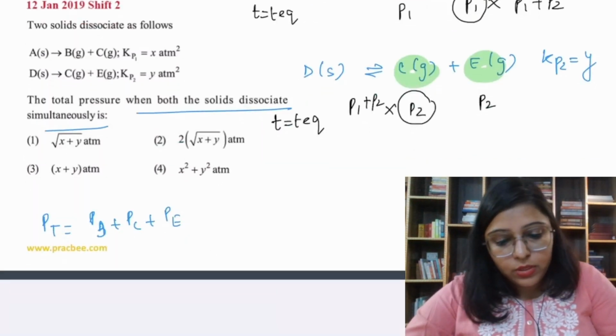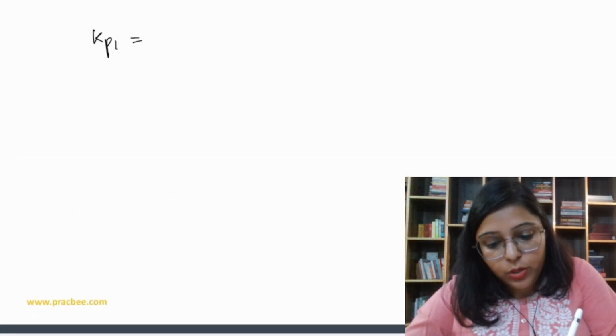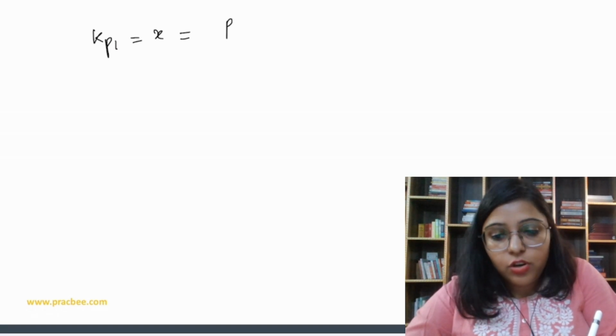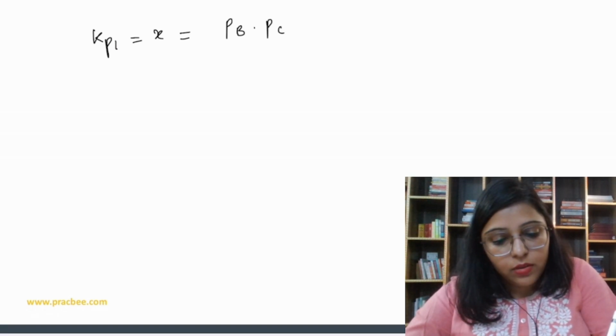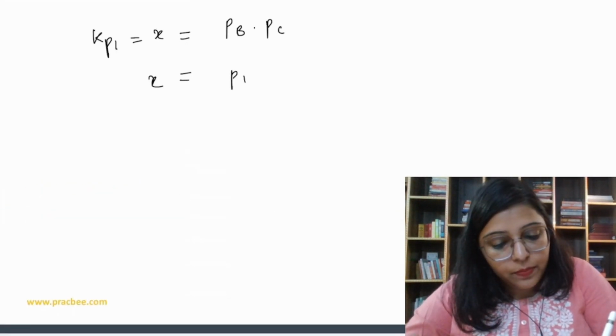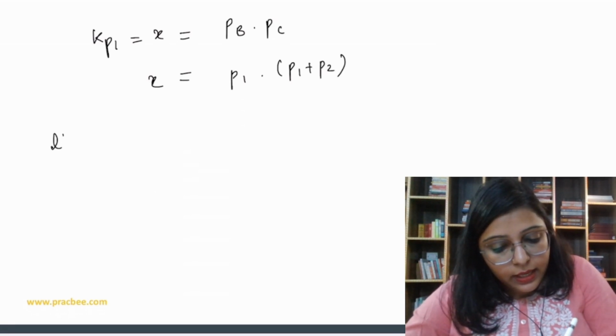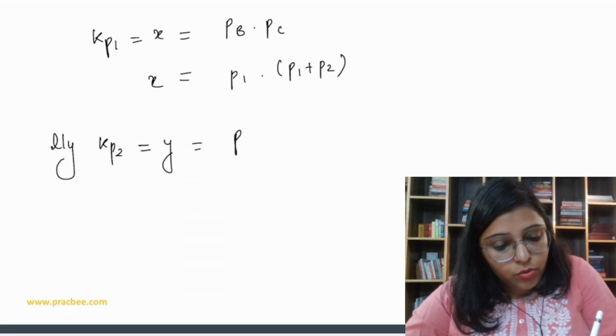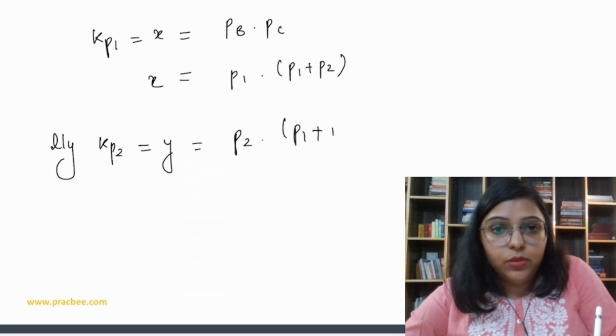Now we have to use Kp1, which is equal to X, which is pressure of B and pressure of C. So X is equal to P1 times (P1 plus P2). ऐसे similarly Kp2, it is equal to Y, which is equal to P2 times (P1 plus P2).